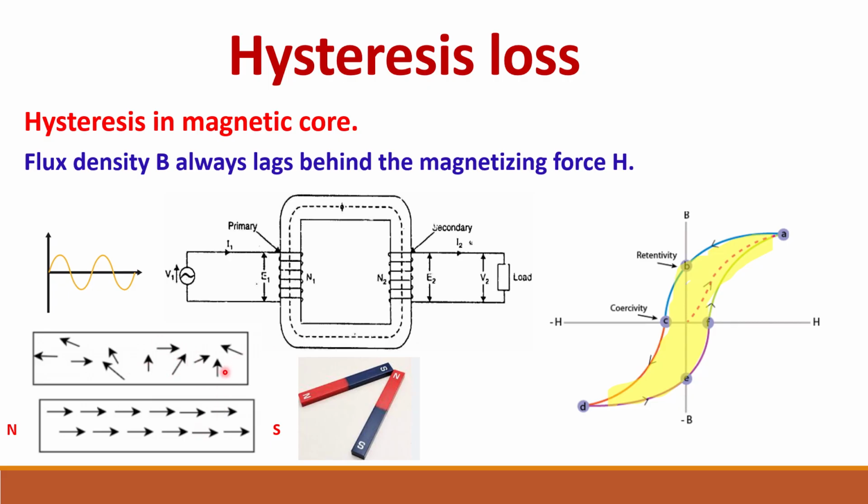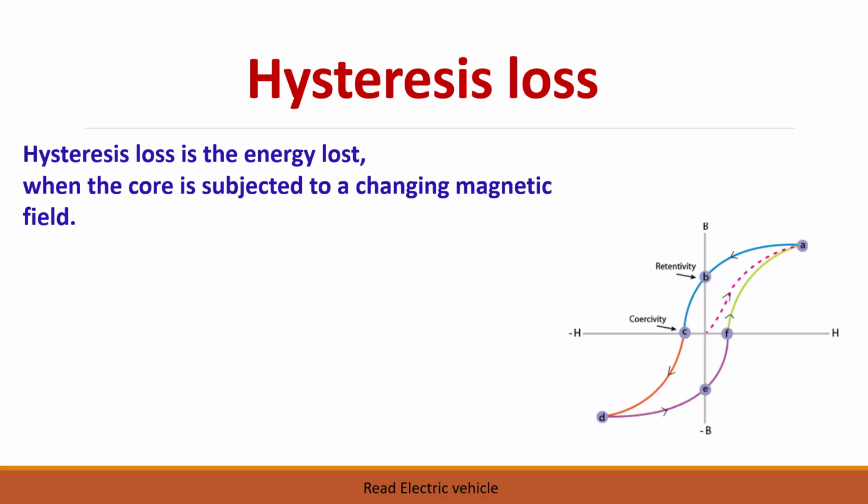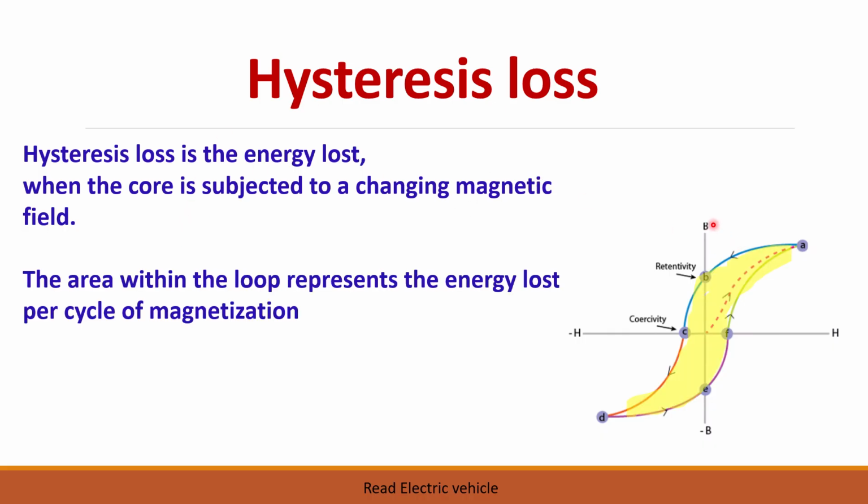That lag will lead to heat in the magnetic core. We call it hysteresis loss. So hysteresis loss is the energy lost when the core is subjected to a changing magnetic field. The area within this loop represents the energy lost per cycle of magnetization.